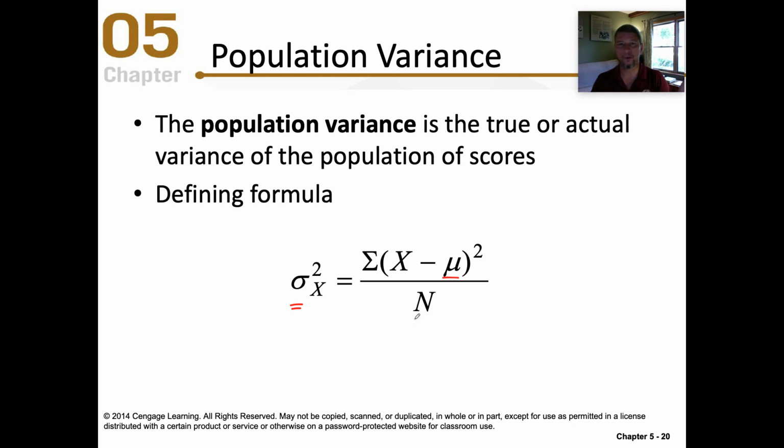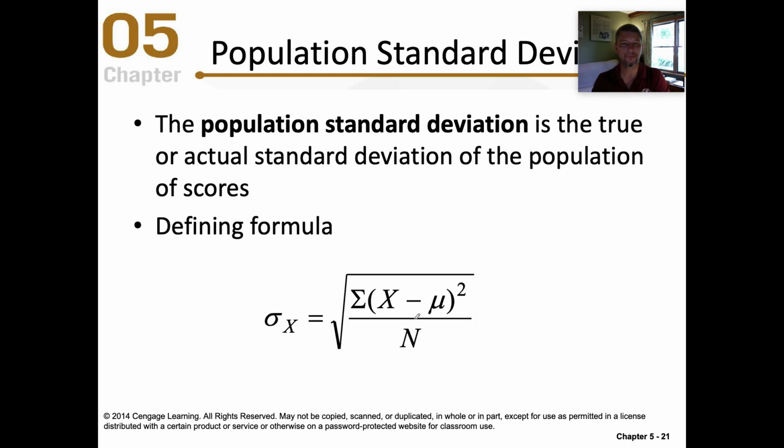Well, guess what? You do exactly the same thing to calculate the population standard deviation. You simply take the population variance and take its square root, and that gives you the population standard deviation. So the population standard deviation is the true or actual standard deviation of the population of scores.